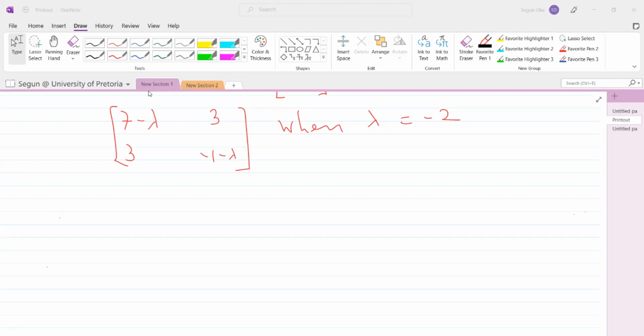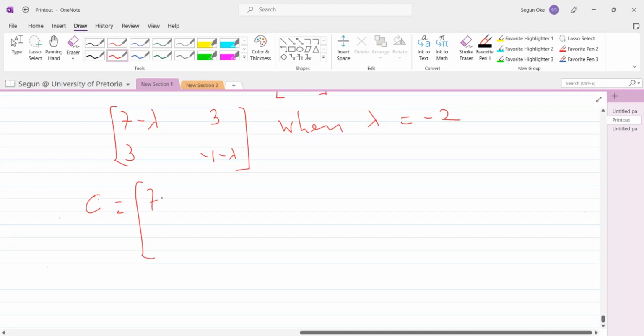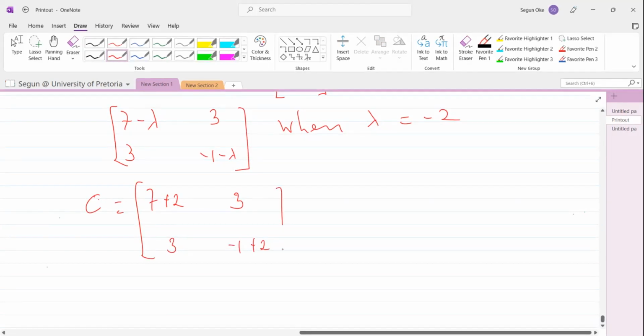We can call this one C. Let C equal 7 minus 2, minus 2 will be plus, right? 3, 3 minus 1 plus 2.